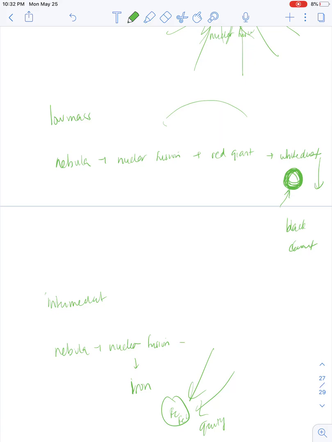And when gravity wins, it's coming towards that core so fast, you're going to get this explosion, and it's called a supernova. And when you get a supernova explosion, that's when all the other elements of the periodic table are created, right? The star explodes, boom, goes into the galaxy, and then the result of that is going to be a neutron star, and that neutron star is just the remnant of the supernova, right?